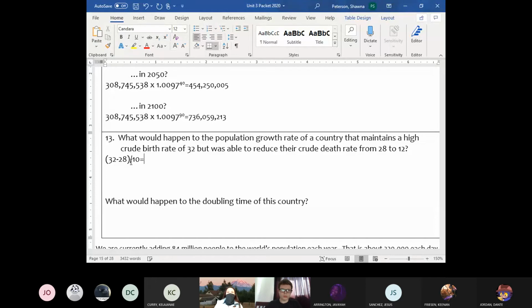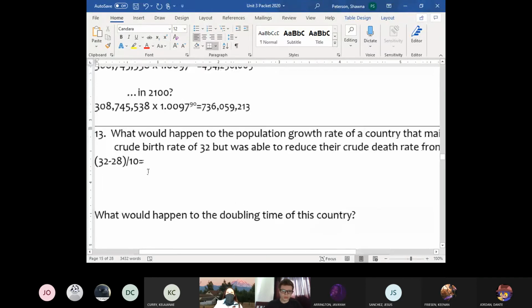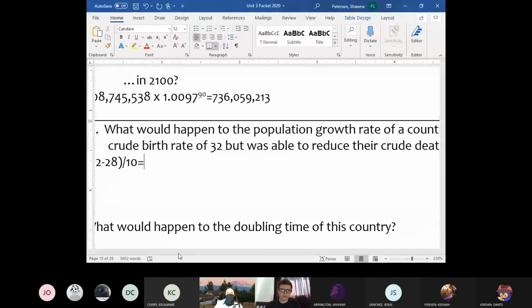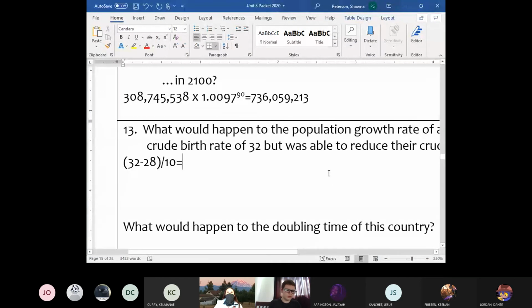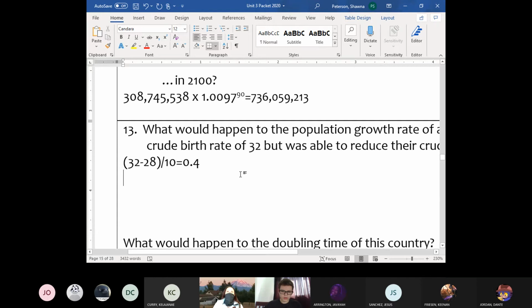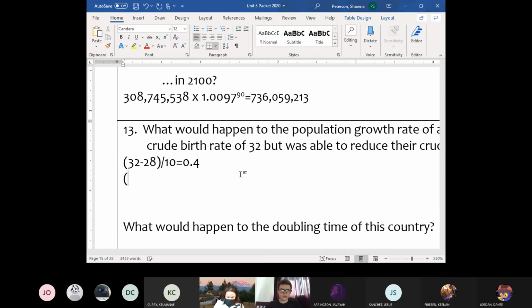What does that give me? I'm going to zoom in. Okay, I got 0.4. And then our other one, they got their people to stop dying, I guess, down to a crude death rate of 12.